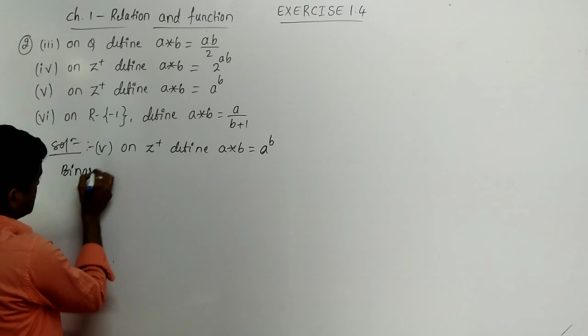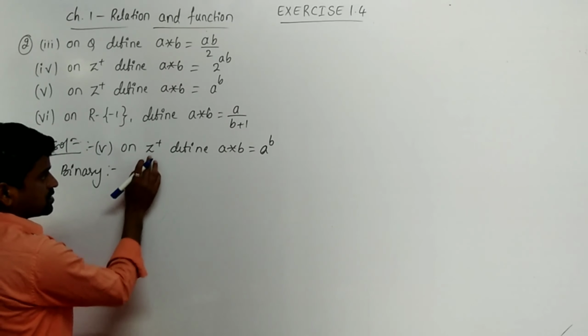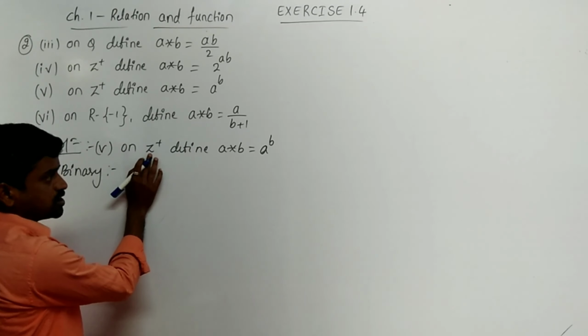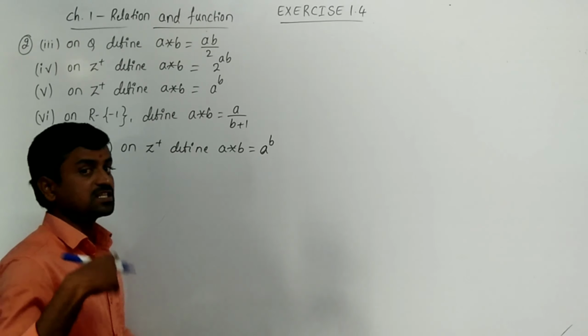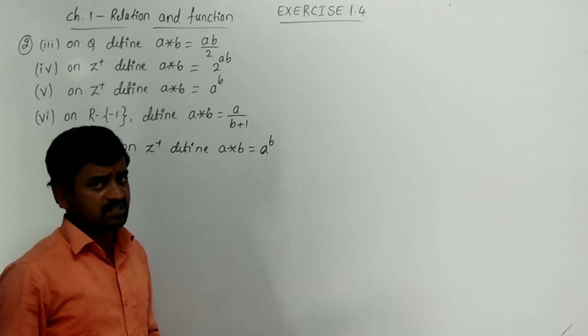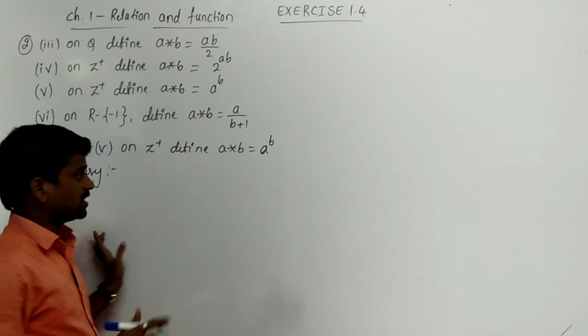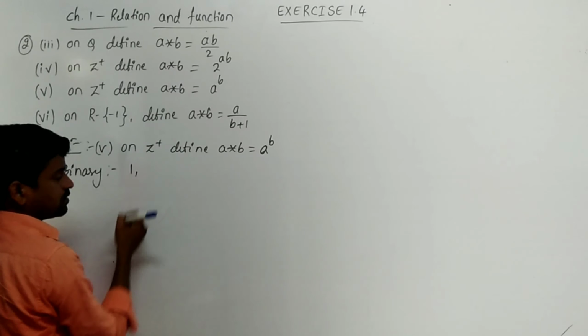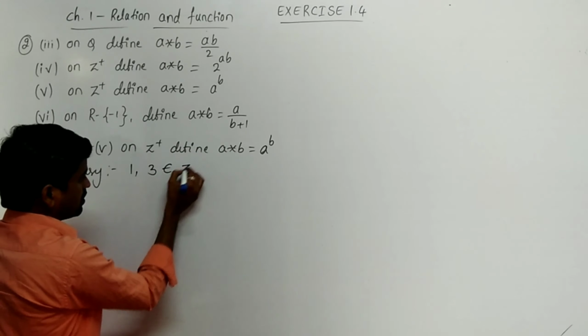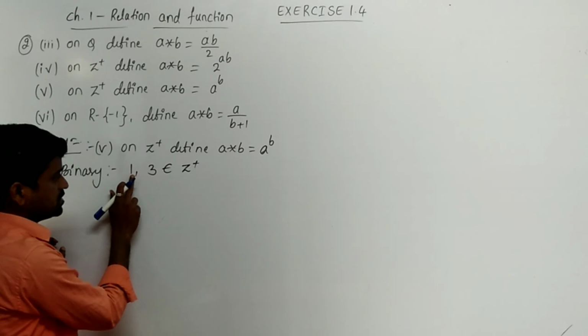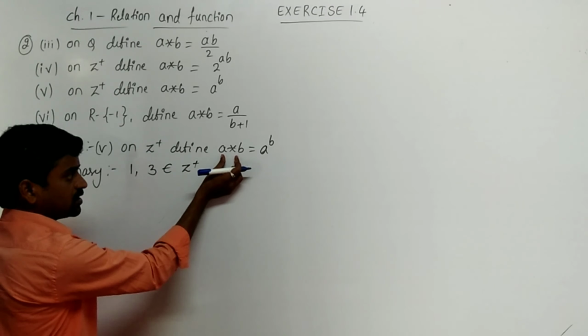First of all, binary. The set of elements is positive integers. A is a positive integer, B is a positive integer, and the resultant answer is also a positive integer. Then star is binary. 1 is a positive integer, 3 is also a positive integer. A is 1, B is 3.